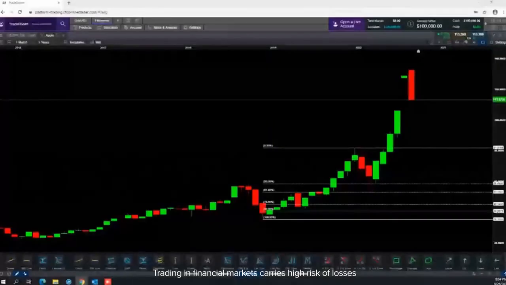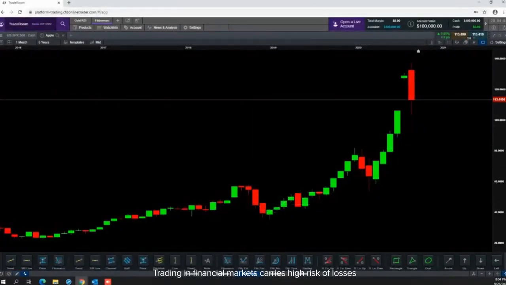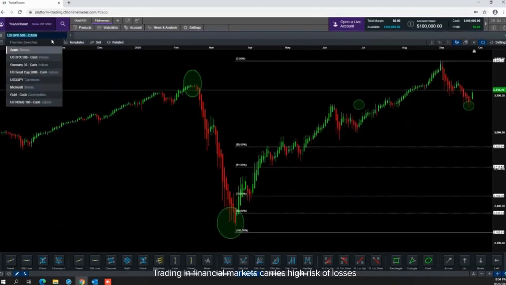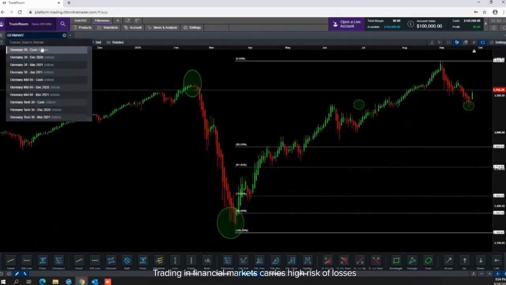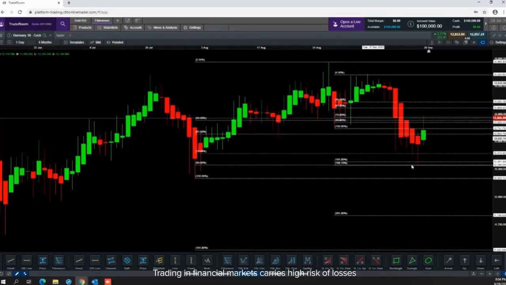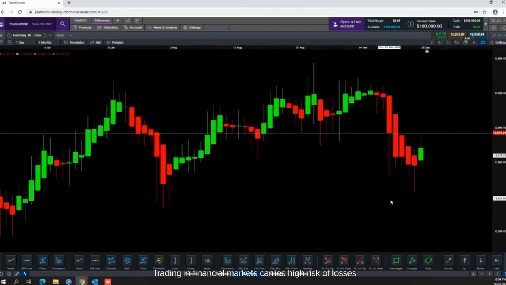Yeah, so let's look at a pattern and how the pattern looks on a live chart. So this pattern had appeared on Germany. They have kind of already drawn it over here, but let me start it from the beginning so it's easier for you all to see it with me.